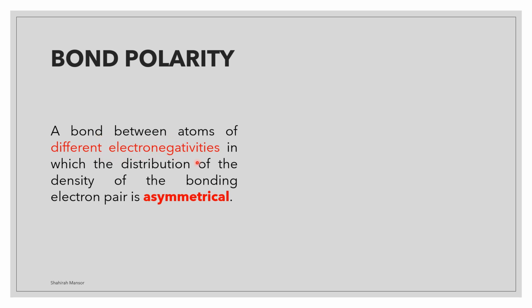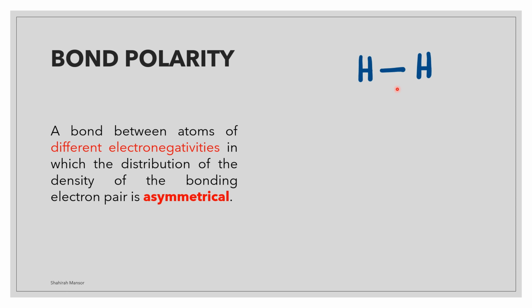So, apabila terdapat atom yang mempunyai electronegativity yang berbeza, maka akan wujudlah unequal distribution of the bonding electron. So, this unequal distribution of the density of the bonding electron, okay, kita gunakan term asymmetrical, not symmetrical.